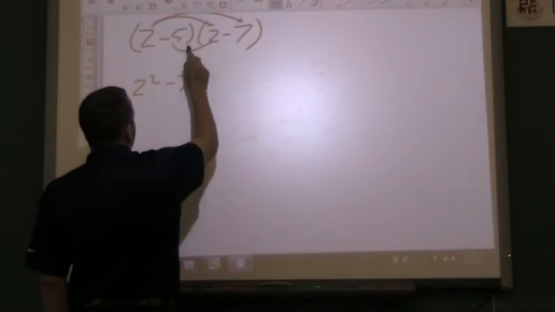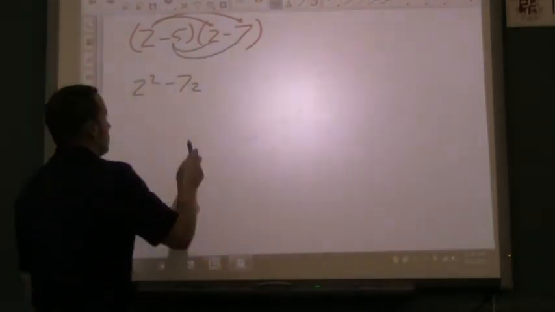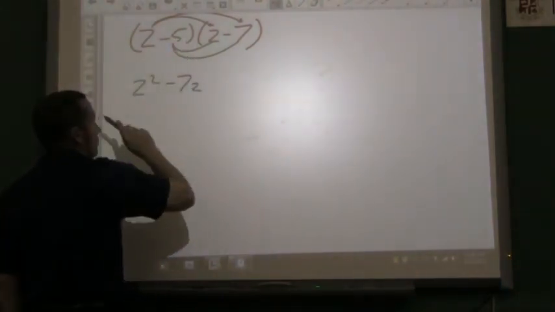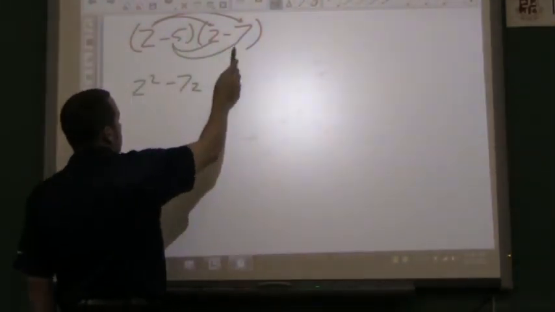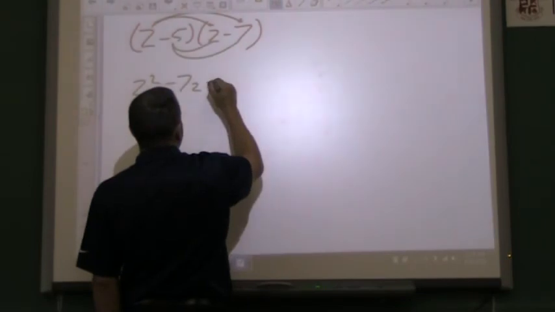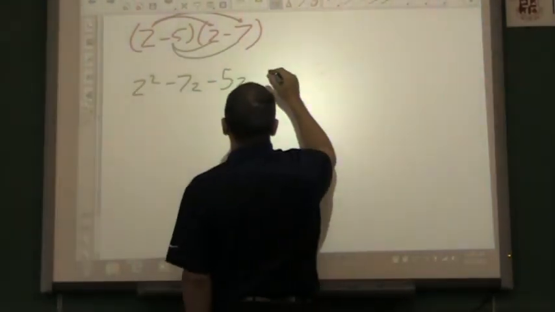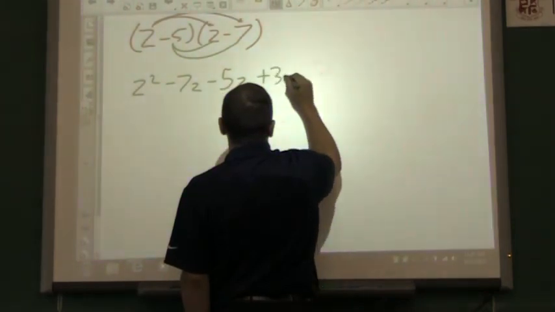And then I do these two, so that now that I multiply the first term by everything in the second bracket, I go to the second term and multiply it by everything in the second bracket. So negative 5 times z gives me negative 5z, and negative 5 times negative 7 gives me a positive 35.